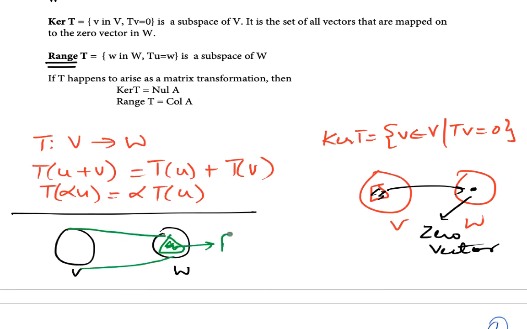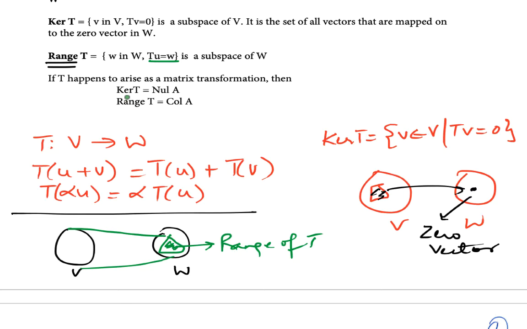Now remember, W is called the codomain. That means there are some elements in W which do not have elements here in V. So the range of T means all those elements in W, this little triangle here, which have an element in V and are related by the relationship Tu equals w.